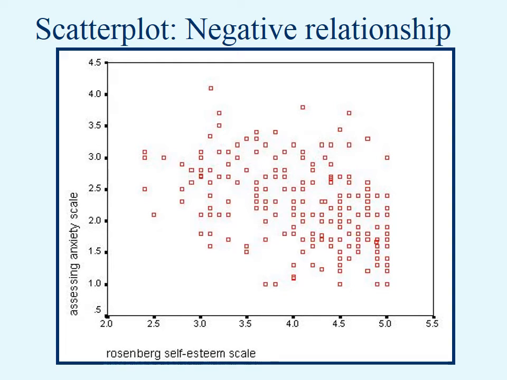When we look at the numbers, we see that as anxiety increases, self-esteem decreases, and so that would be a negative relationship. And this one is more horizontally shifted to the left.